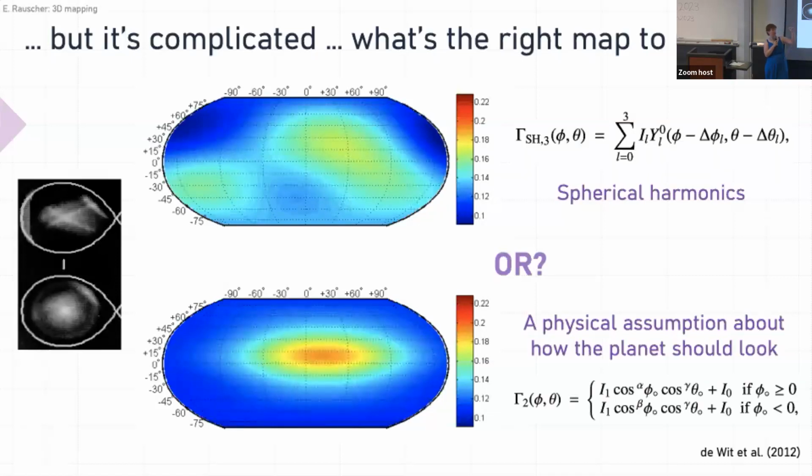Give yourself a high enough order to your spherical harmonics and you can make any map, right? And that's what you get if you use spherical harmonics. On the bottom here, they said, well, we have expectations about the spatial patterns there should be on hot Jupiters. And if we use a parameterization that should allow for those spatial structures, then you get the map on the bottom. And so there's some complication, which is the better choice.